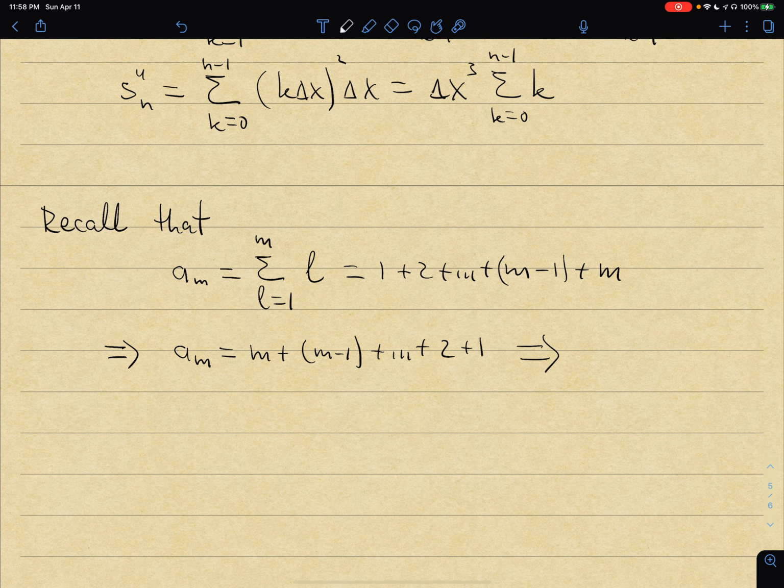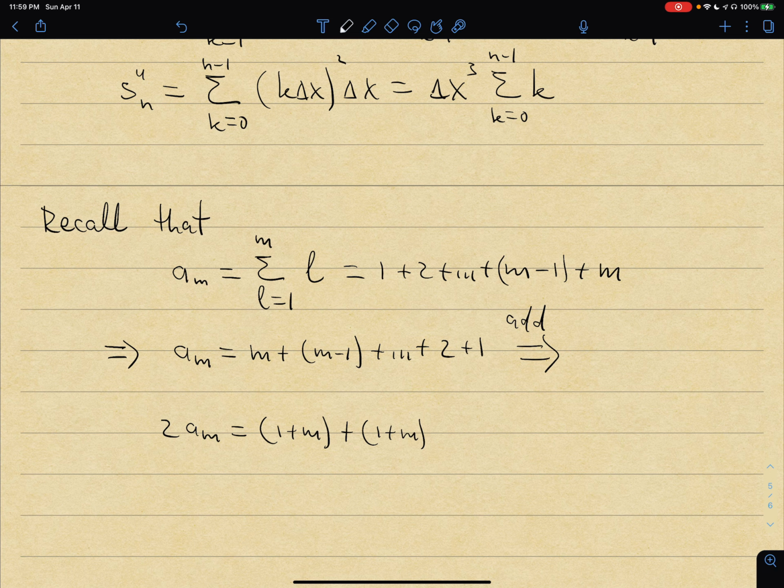So then if we add these two formulas, these two equations, what we get is 2 times AM is equal to, I'm adding the first two terms, I'm going to get 1 plus m. Then I'm adding next two terms. I get 2 plus m minus 1, that is again 1 plus m.